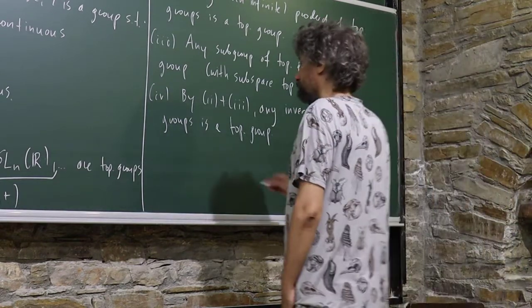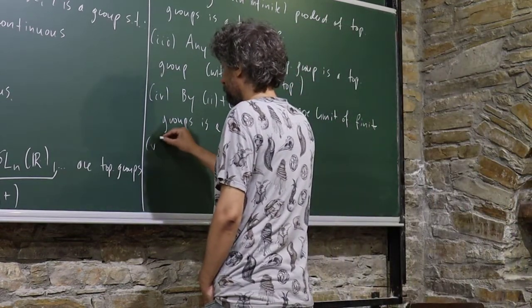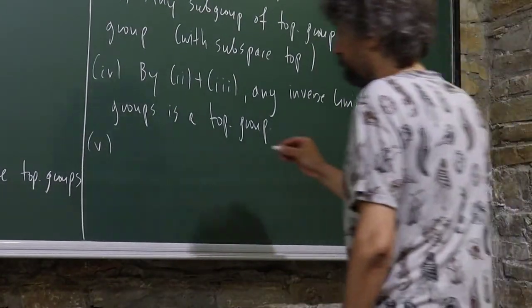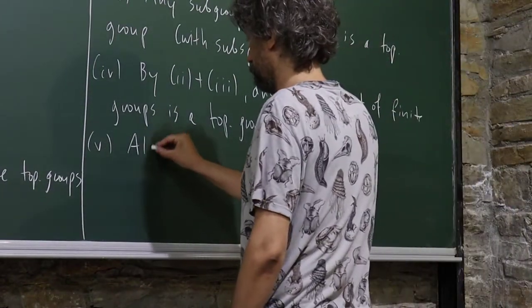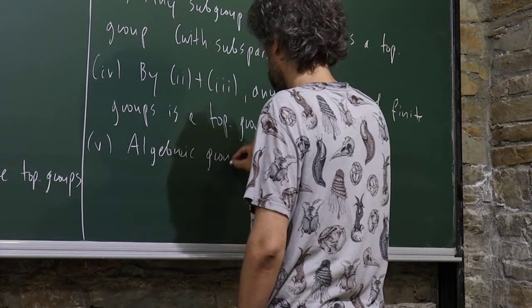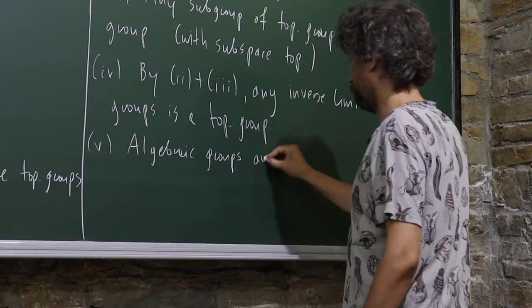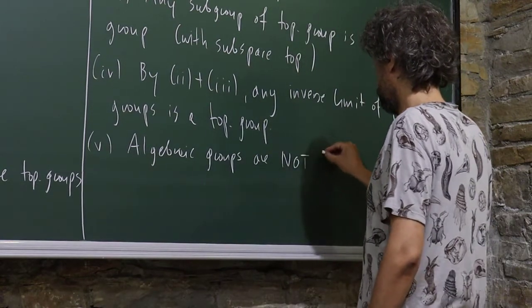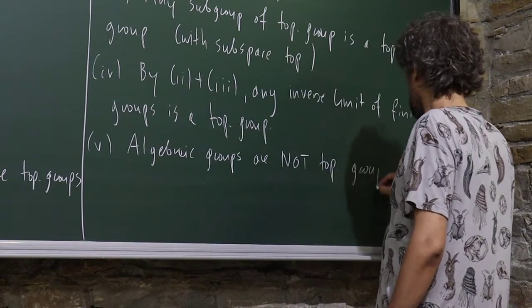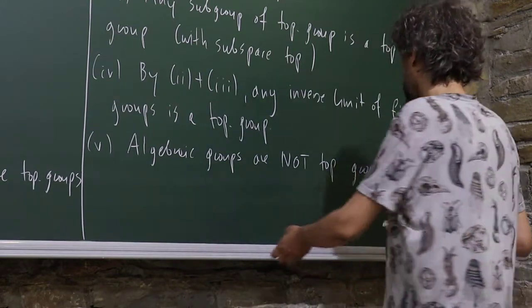Something which is not a topological group, but almost. I will just say that algebraic groups are not topological groups, but I will not explain too much.